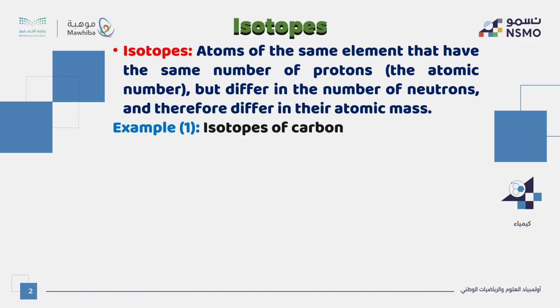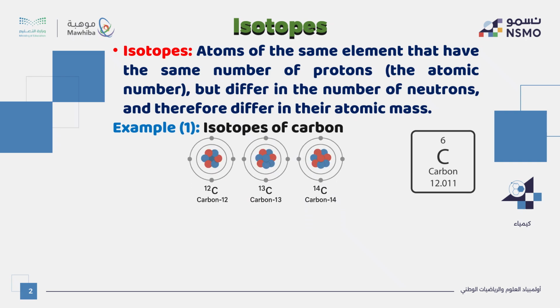Isotopes of carbon. Carbon has an atomic number of 6, so every carbon atom has 6 protons. Carbon has several isotopes including carbon-12, carbon-13, and carbon-14. Carbon-12 has 6 protons and 6 neutrons.